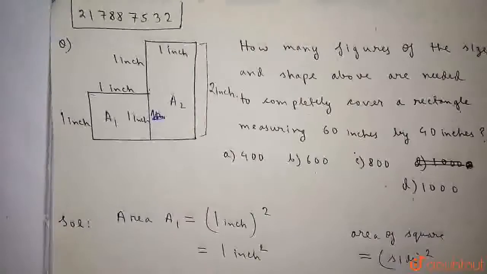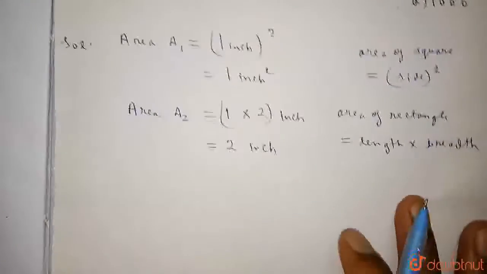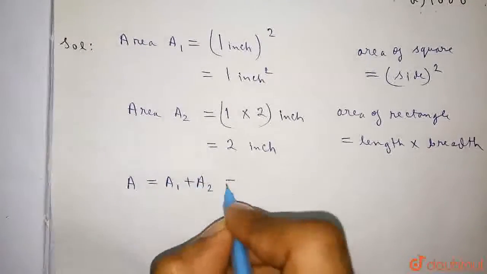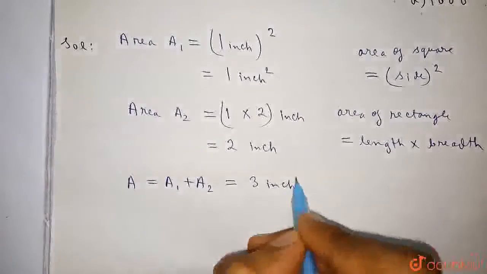So overall for the whole figure, the total area comes out to be A1 plus A2, which comes out to be 3 inches square.